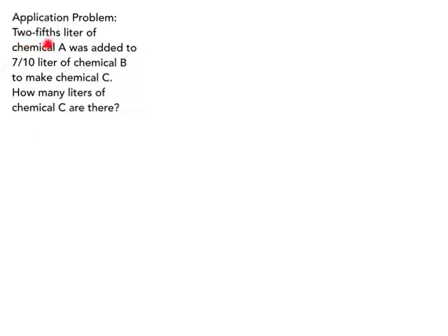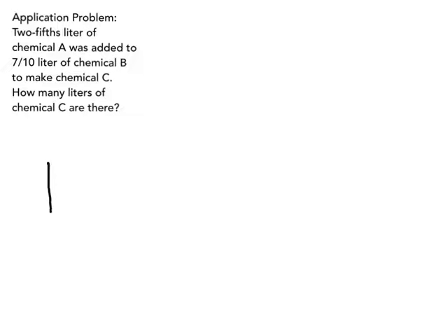We have 2/5 of a liter of chemical A plus 7/10 of the chemical B make up chemical C. So we want to know how much chemical C there is. So let's draw this out in a tape diagram.